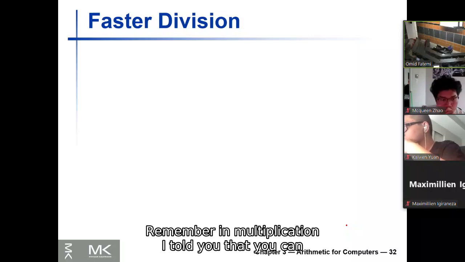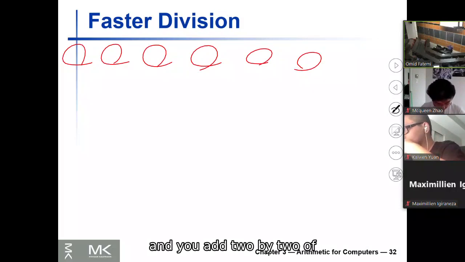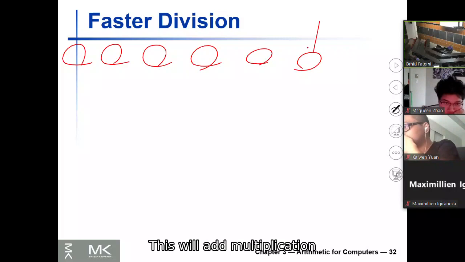Remember, in multiplication, I told you that you can use 16 adders together at the same time, and you add 2 by 2 of the multiplicands shifted left by different bits. This will add multiplicand shifted nothing with 1 shift.